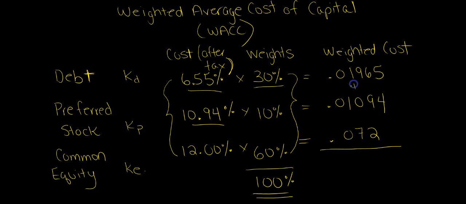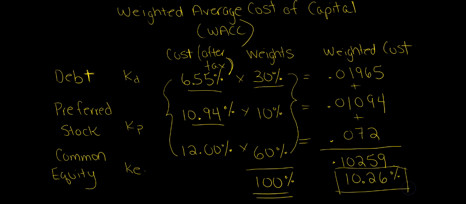And now what we do is we just add these three together, and that'll give me 0.10259. And I want to express that as a percentage, so I'll just change that to 2 decimal places, 10.26%. So that means that the cost of the total assets to finance them is about 10.26% interest.